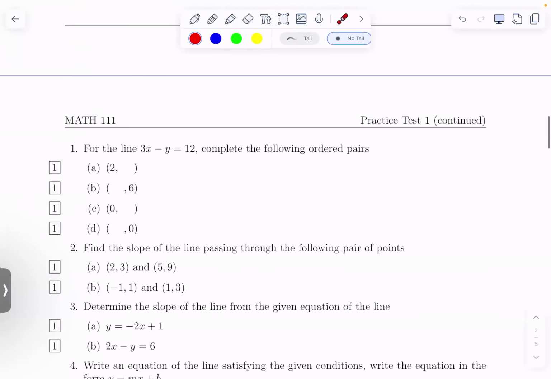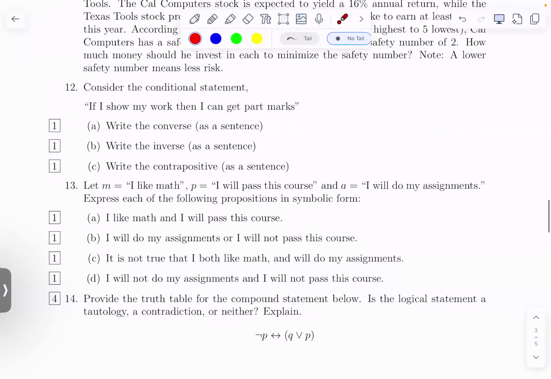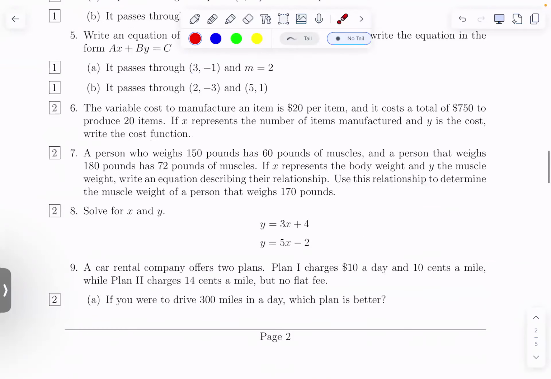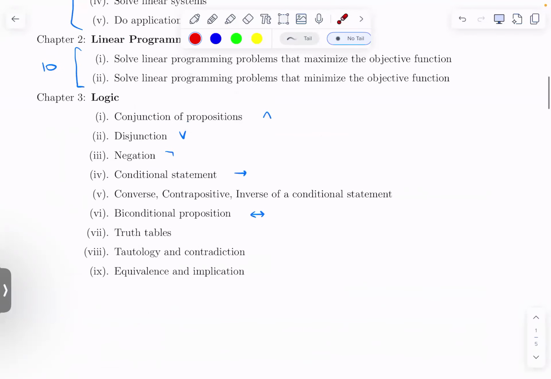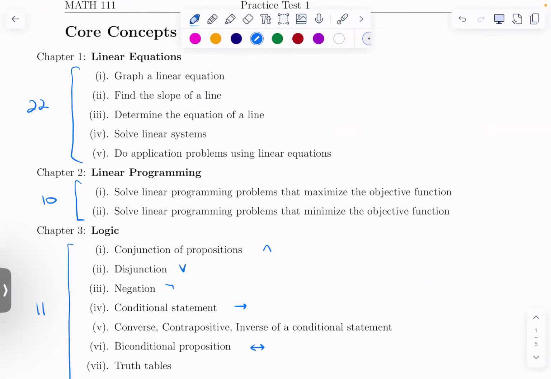And how many marks do I have for that? 1, 2, 3, 4, 5, 6, 7, and 4, 11. Roughly. But I'm using this to guide the way. We spent a lot of time in linear programming, only one question, but it is worth 10 marks because there are so many components.